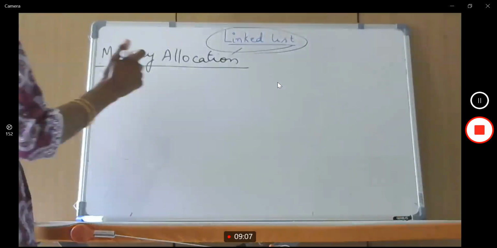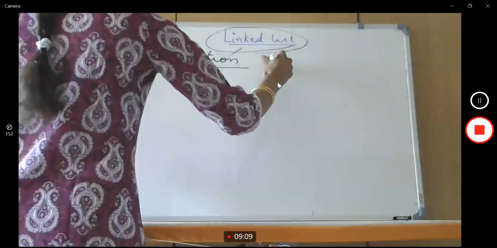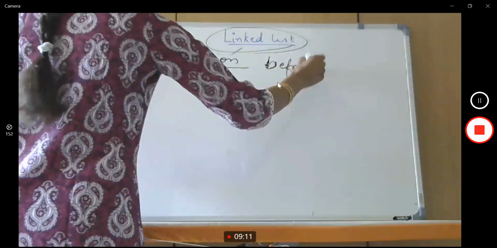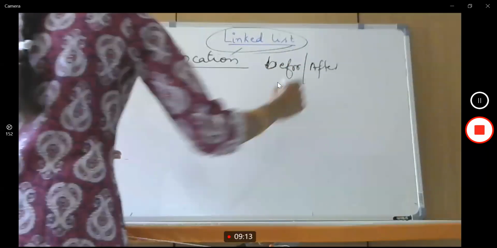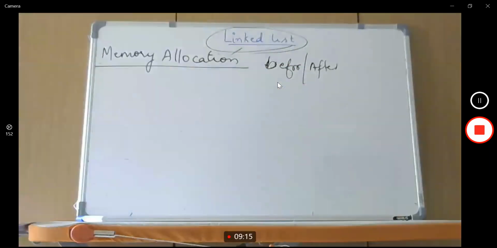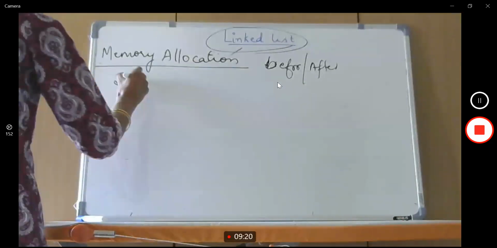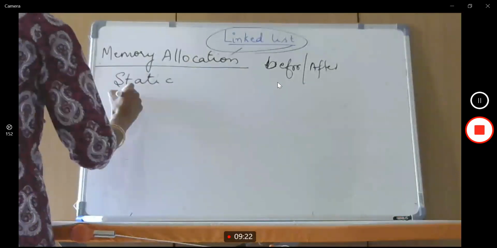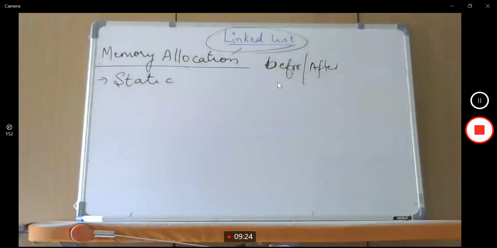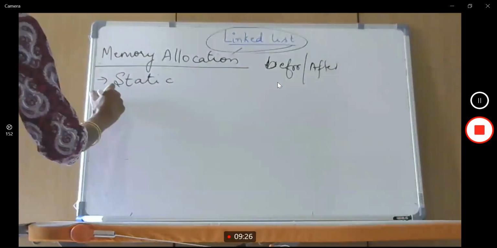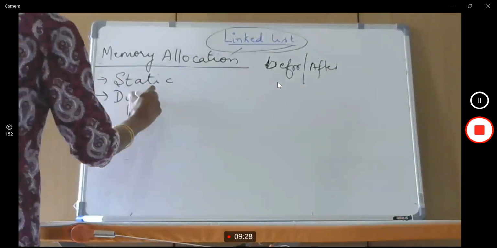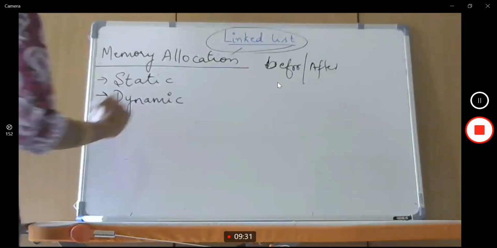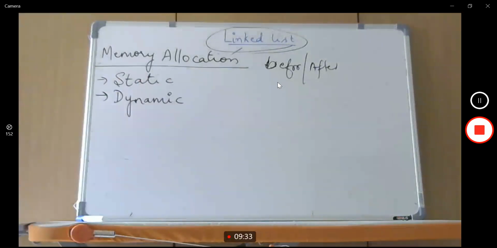This can be done either before the execution or during the execution. So there are two types of memory allocation. One is called static memory allocation. The other one is called dynamic memory allocation.